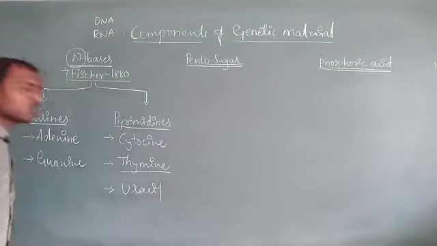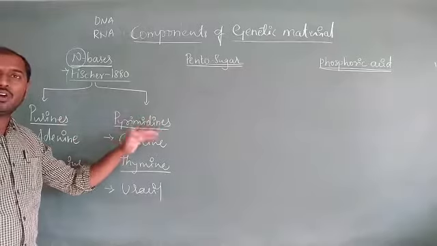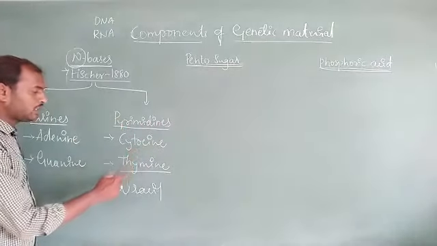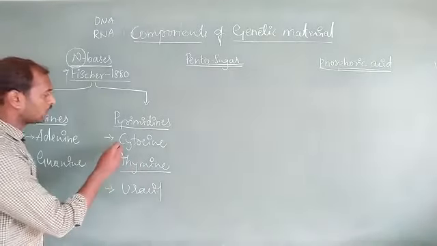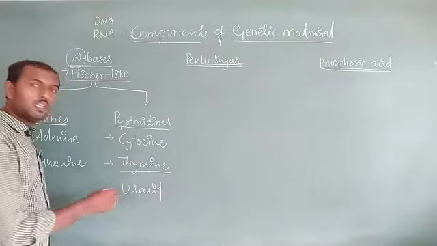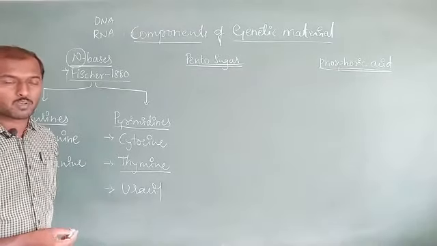So in purines we have two kinds, adenine and guanine, and in pyrimidines we have three kinds: cytosine, thymine and uracil. All three are not present at a time in one kind of DNA or one kind of RNA.